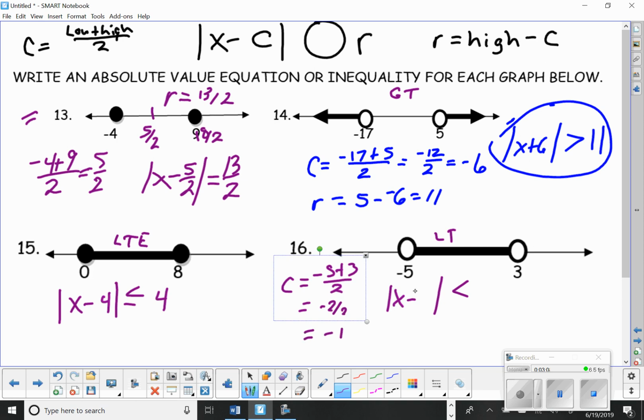That's -1. So this is going to be x plus 1. How far is it from -1 to 3? Well, it is 4 units. R is equal to 3 minus -1. And here's your inequality.